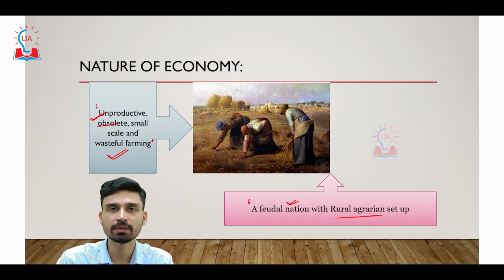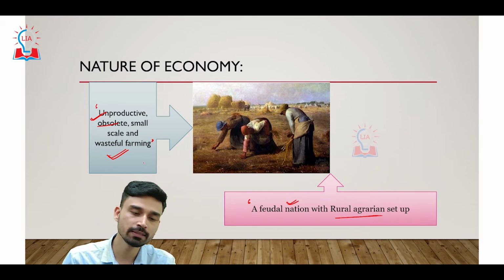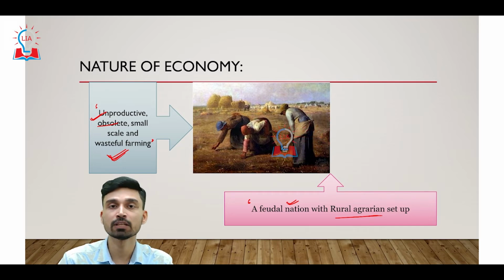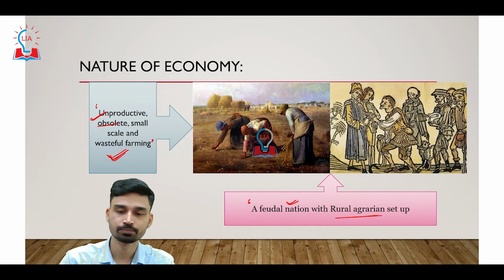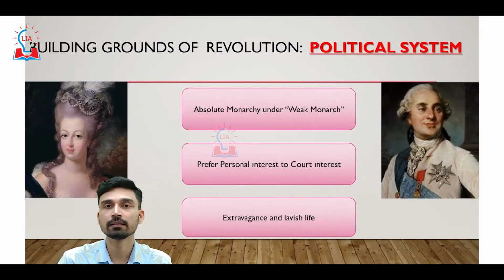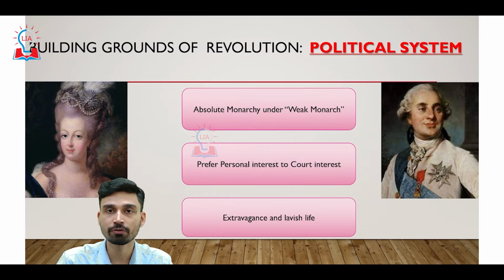However, all these methods basically failed in France, and that is why agriculture, despite being the backbone of the French economy, was not yielding as much produce as it should have, compared to other nearby countries. And it is in this context that we have to understand that the seed of the French Revolution was sown.